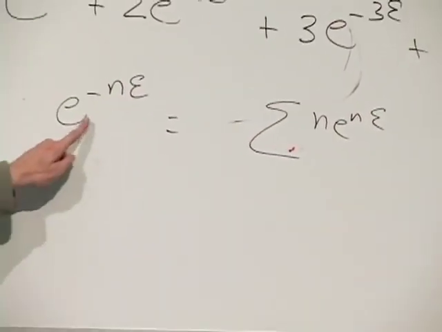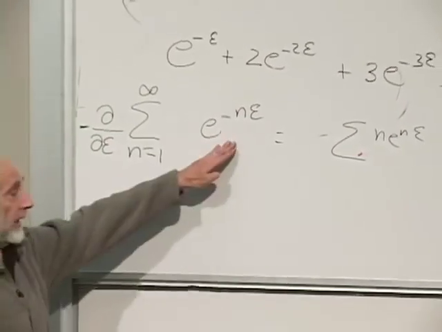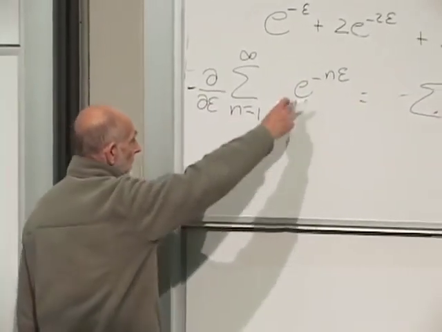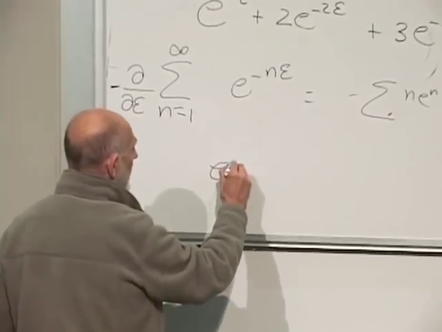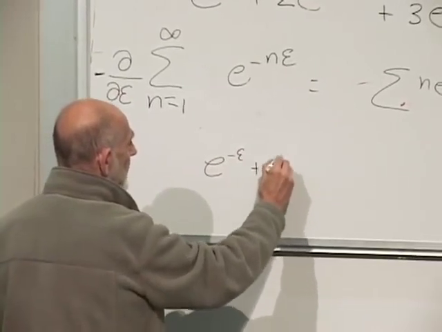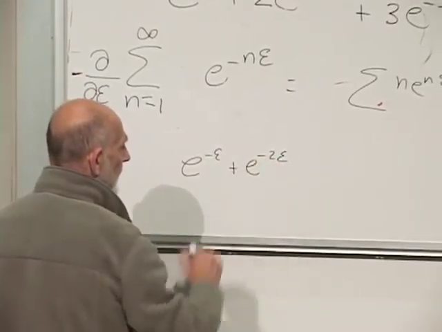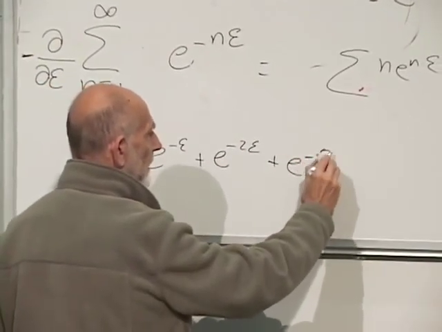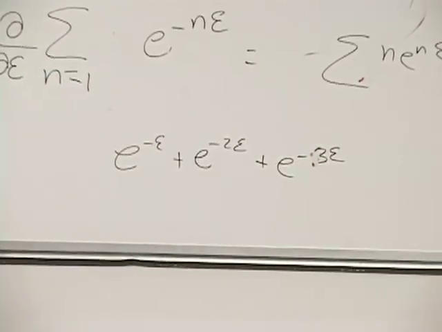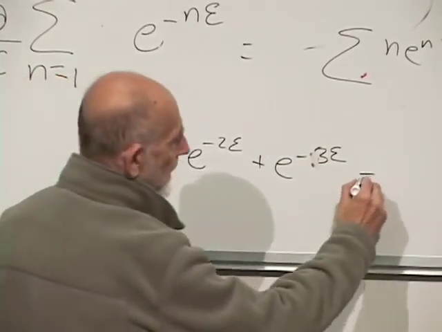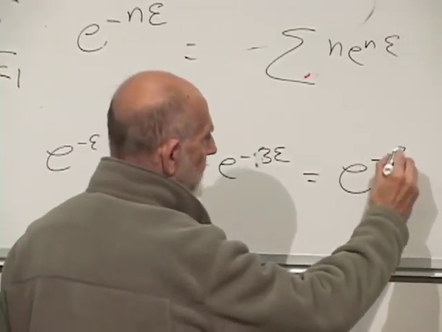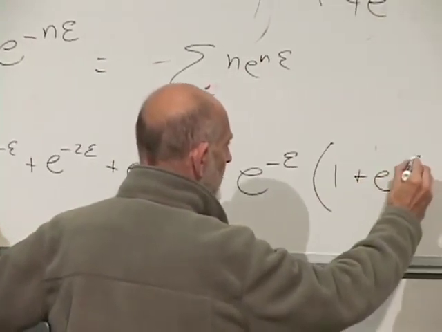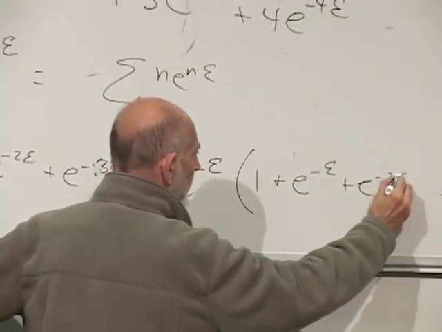Next step is to observe that we can add the series up. This whole series is a geometric series. It starts out, let's just see what it is. It has an e to the minus epsilon plus an e to the minus 2 epsilon plus an e to the minus 3 epsilon, which also can be written in another form. It's e to the minus epsilon times 1 plus e to the minus epsilon plus e to the minus 2 epsilon, and so forth.